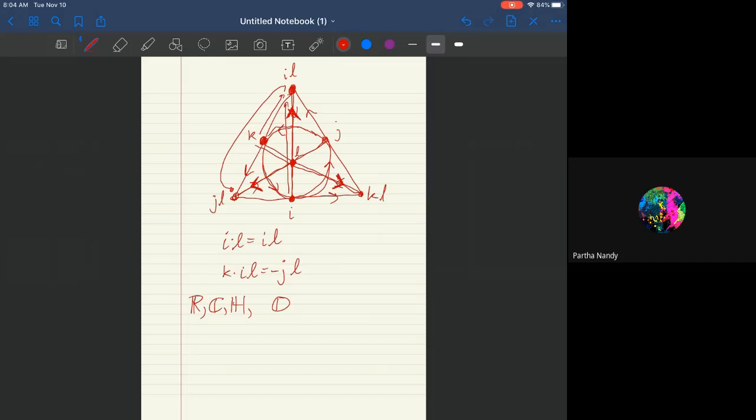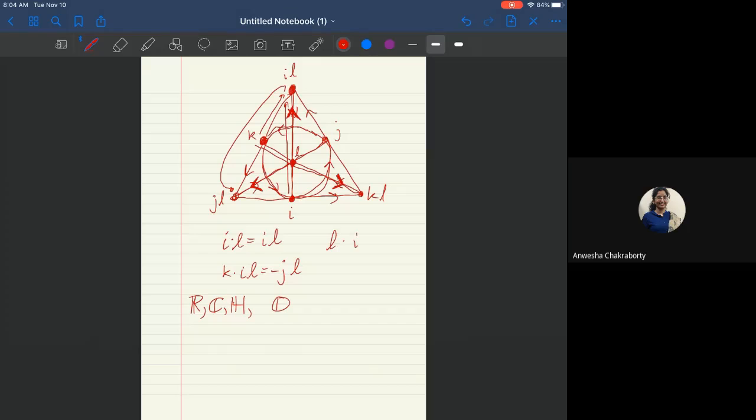So we'll now see that. Yes. What will be L times IL, J or minus J? Say that again. What will be the result of L times IL? L times IL.